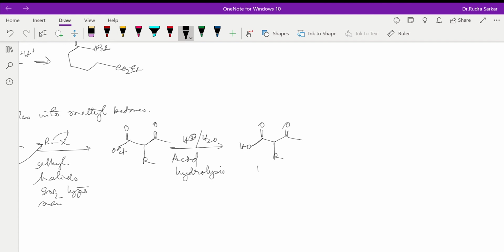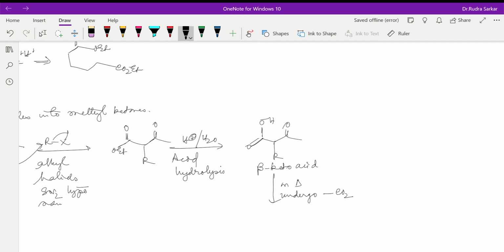Now we know beta keto acids on heating, okay, they undergo decarboxylation. I think that is very much something that we know. So just trying to give you the idea of what we had done before.